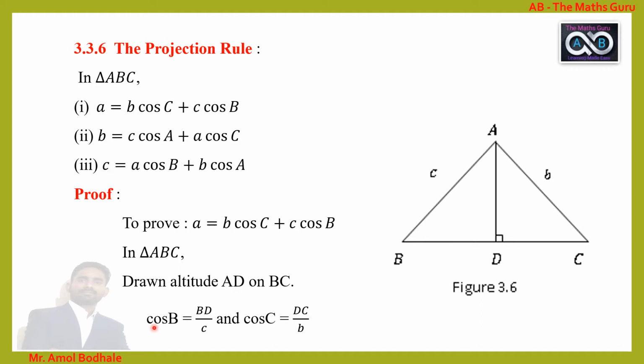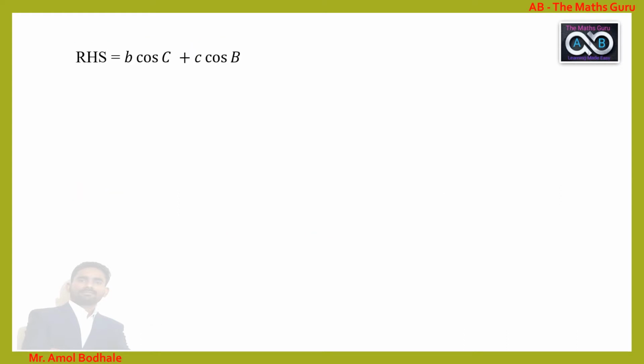So now we will put this cos B and cos C in the RHS of the statement. Let's consider the RHS, that is b cos C plus c cos B. We will put the value of cos C, that is DC upon b, plus c, we will put the value of cos B, BD upon c.